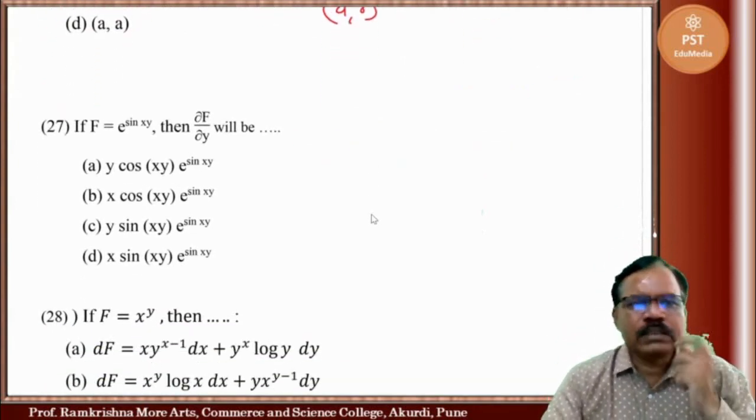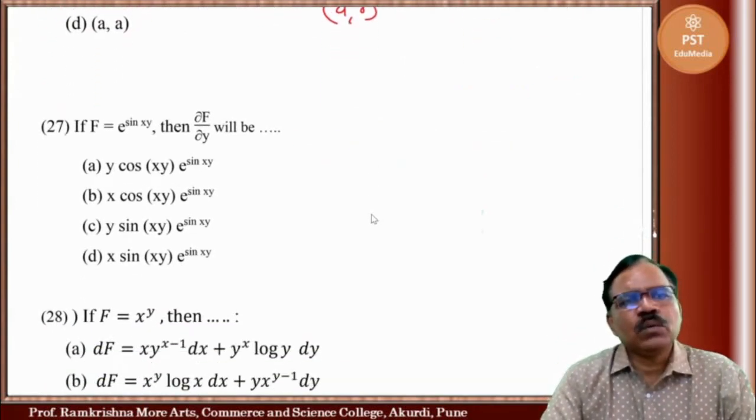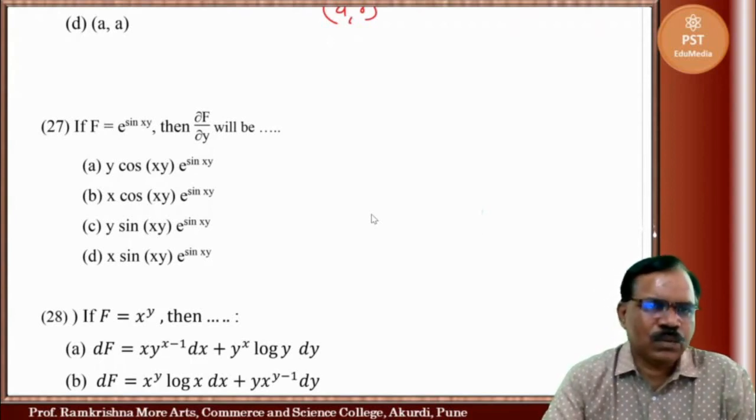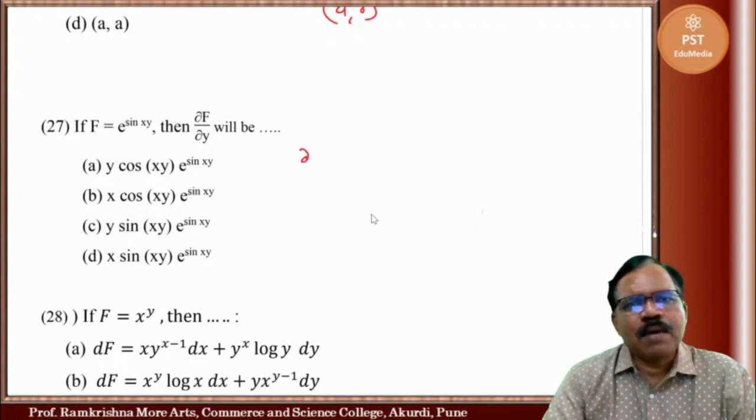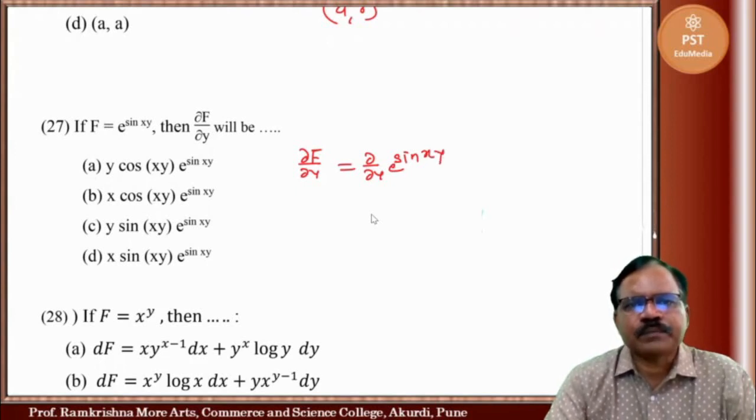Now next one, if f is equal to e raised to sin xy, then ∂f/∂y will be equal to. So here ∂f/∂y is equal to ∂/∂y of e raised to sin xy.